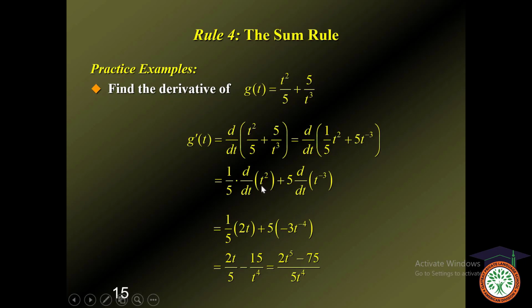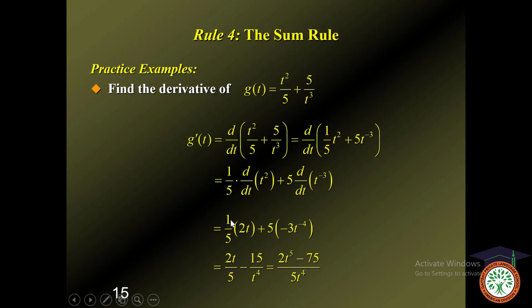Yes, the derivative of t squared is 2t, and the derivative of t power negative 3 is negative 3t power negative 4. What happened here? Decrease negative 3 by 1, meaning subtract 1, so negative 3 minus 1 is negative 4.